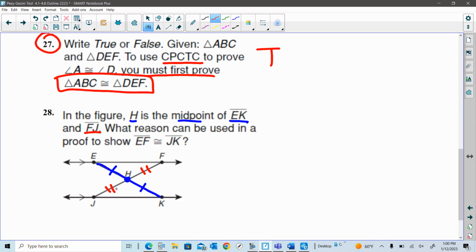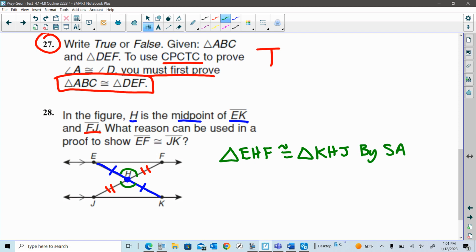All right. Any known facts we can mark? Yep, the vertical angles. So now, hopefully we see side, angle, side. So I can say these 2 triangles, EHF, is congruent to triangle KHJ by side, angle, side.